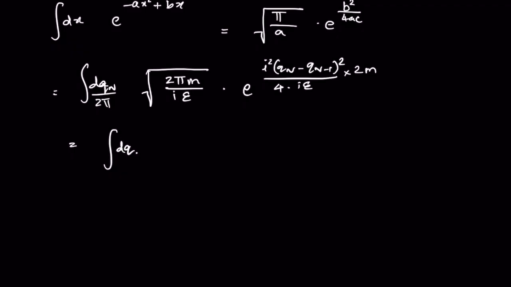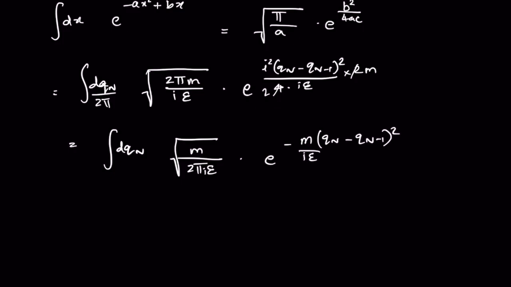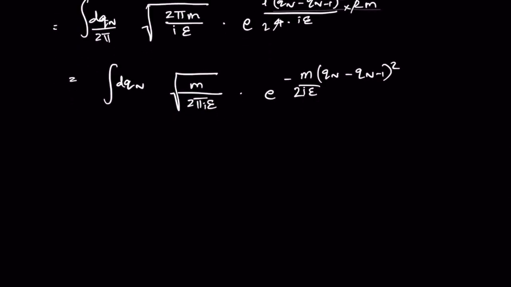So this will just solve out to m over 2 pi i epsilon, and into e raised to the power of minus 2 to cancel out with the 4 there, so m times (q_n minus q_{n-1}) whole square divided by i epsilon times 2, of course.